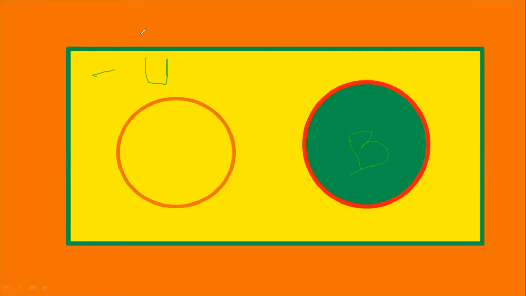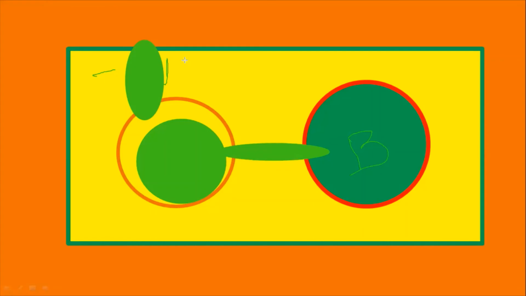If we are looking at this one, it may be of this color or any other color. So whatever operation we do between these two sets, we will have to color it in a different way. If we have colors we must use them, otherwise we can use lines to solve the problem.